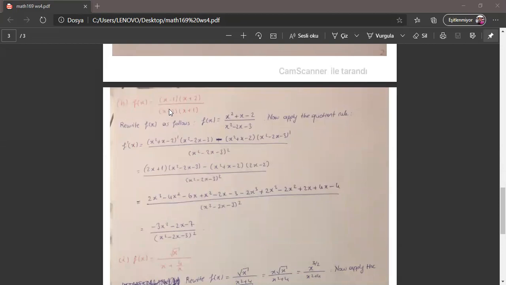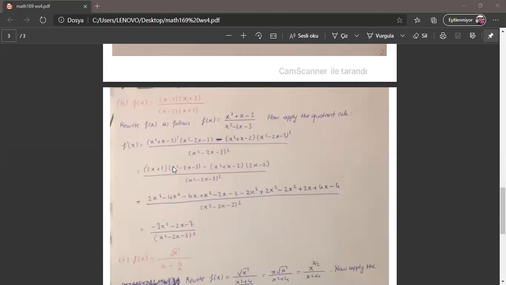And this, first rewrite this function, okay? Because it's hard to find its derivative in this form. There will be so many operations needed, so let's rewrite it in this form. You just multiply them, okay, so you have this. Now we apply the quotient rule.